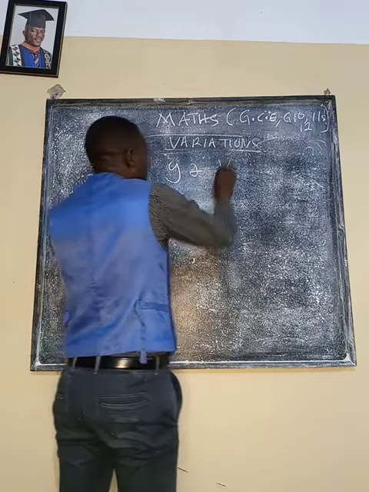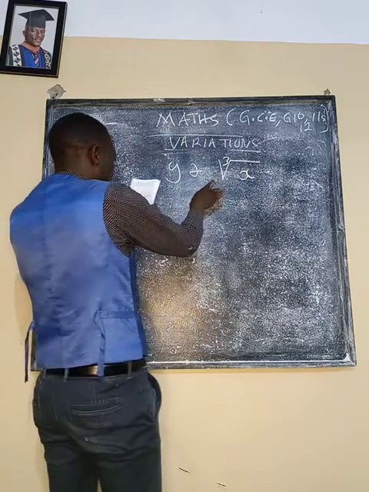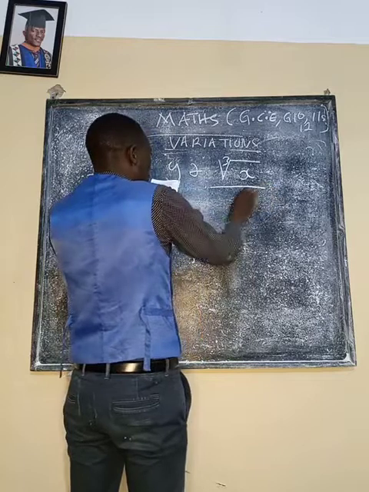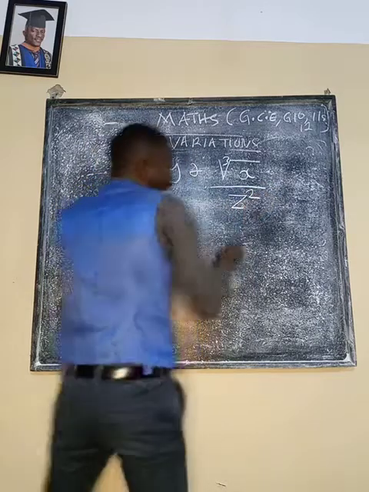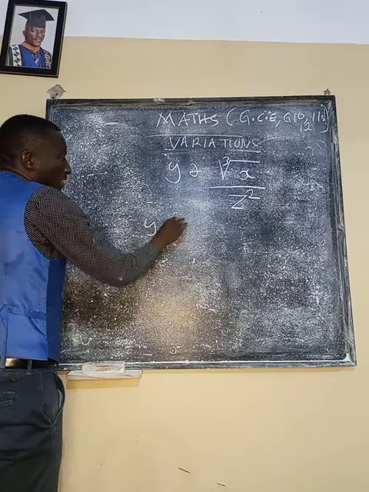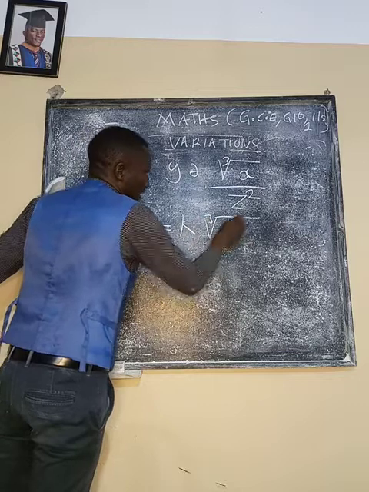Cube root means x with a 3. And inversely, which means down here, the square of z. Square means with a square like that. So the equation becomes y is equal to k, the cube root of x, over z squared.